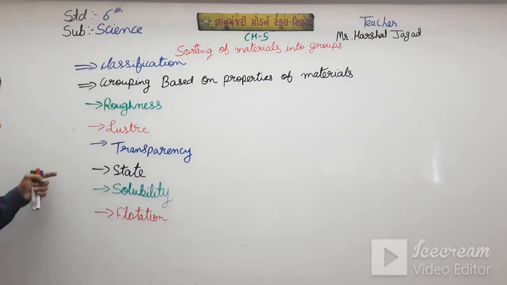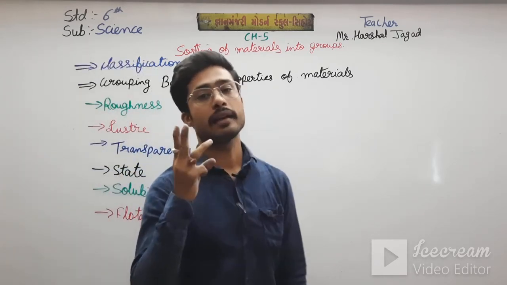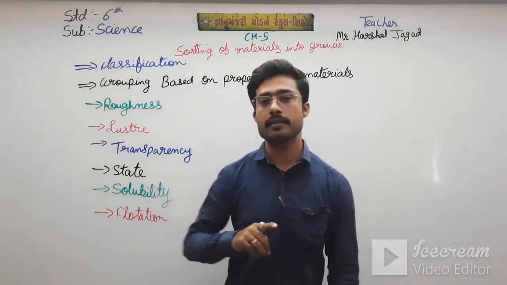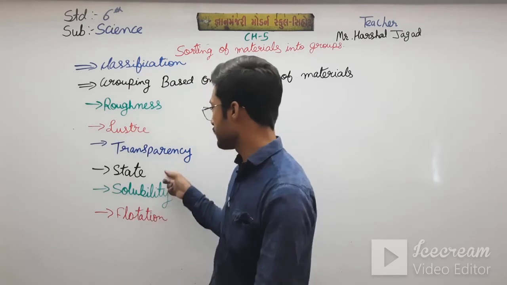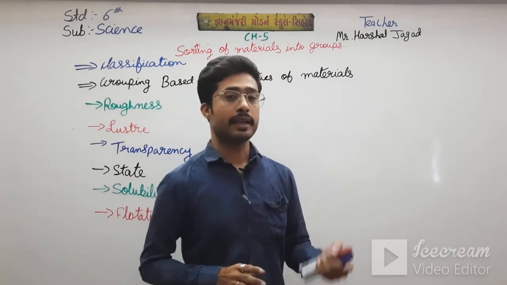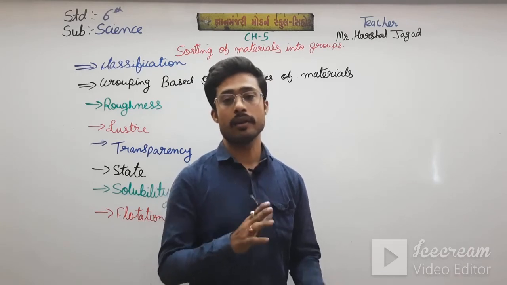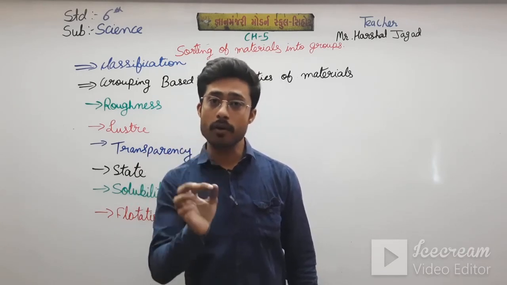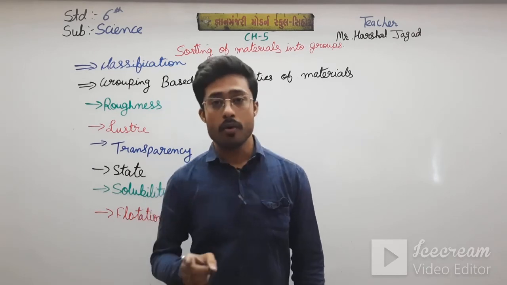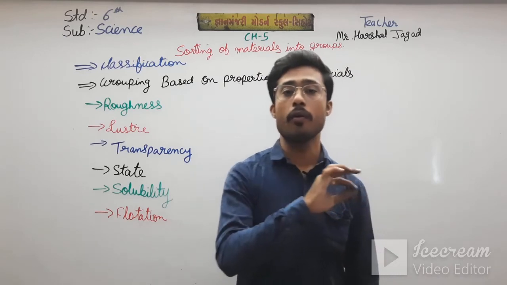And then comes state, in that we have seen solid, liquid and gas. We can say that a rock is solid. Solids have definite shape and volume, liquids have a specific volume but no shape, and gases have no shape and no volume.